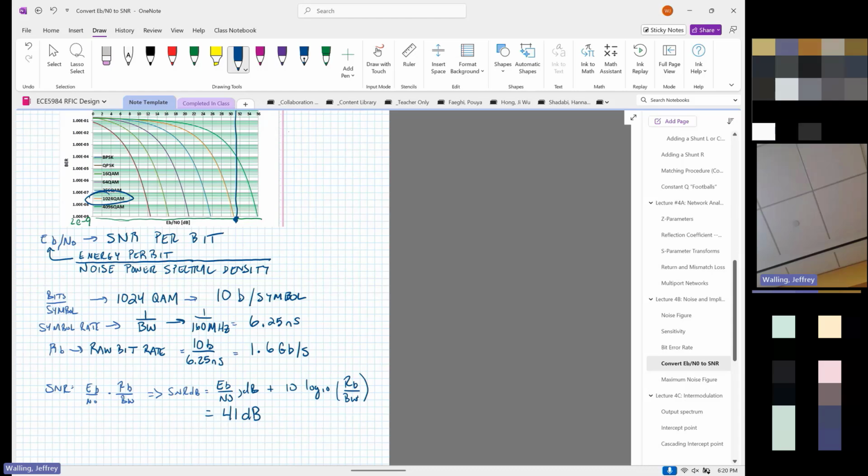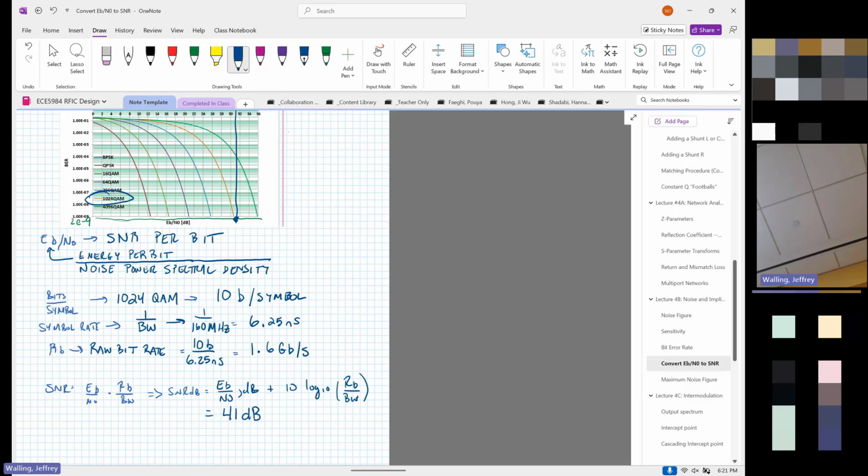And they can also change the number of bits they send per symbol. So they can go anywhere from BPSK, which is 1 bit per symbol, all the way up to, in this case, 1K QAM, 10 bits per symbol. They determine how they're going to do that by doing a channel estimation, determining the quality of the channel. And from that, they determine the maximum rate they can transmit.